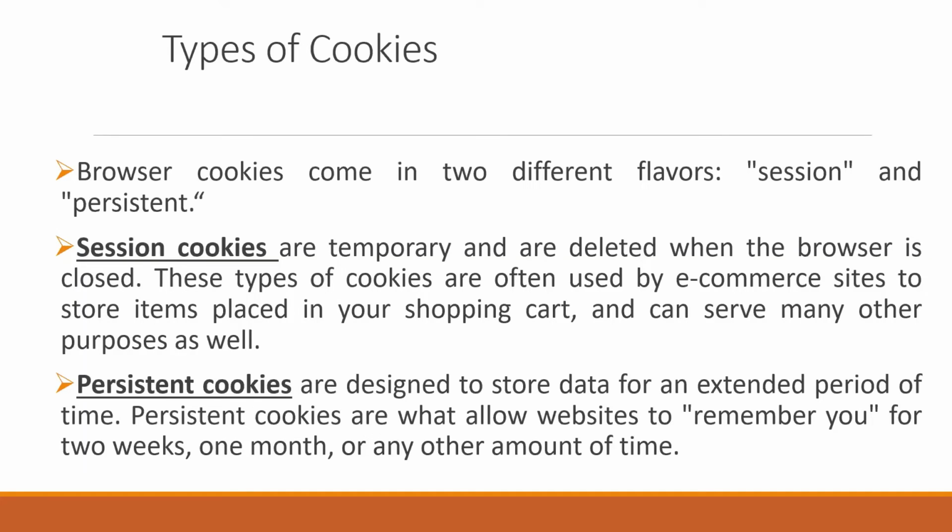So persistent cookies basically stay longer in the browser, whereas with session cookies, once you close your browser, all the cookies will be deleted from the browser. So these are the two types of cookies we have in the browsers, and they'll be useful for the kind of information which will be stored by the customer.